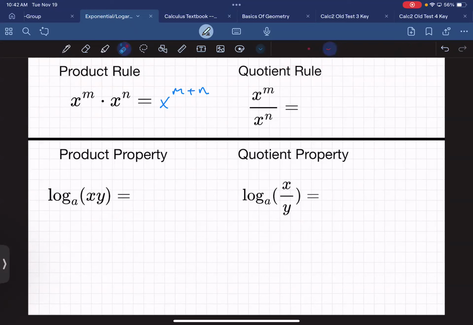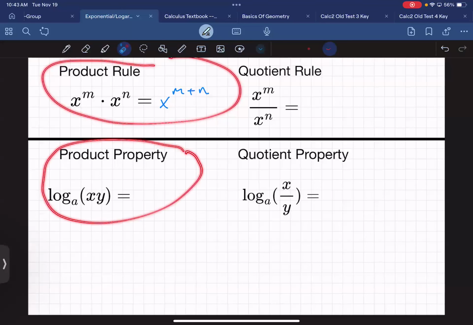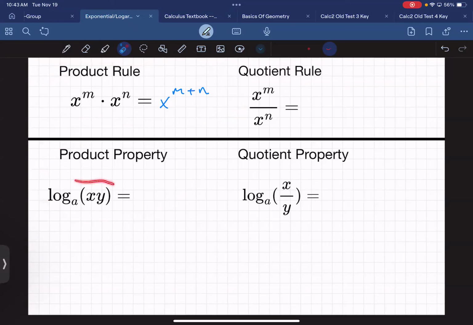One thing that I want you to see here is we go from exponents to logarithms, right? The key here is it's a single logarithm, and where's the multiplication that I'm showing? It's inside the parentheses, right? It is the argument of the logarithm. That's an important thing to see here. So I have a logarithm with the multiplication inside.